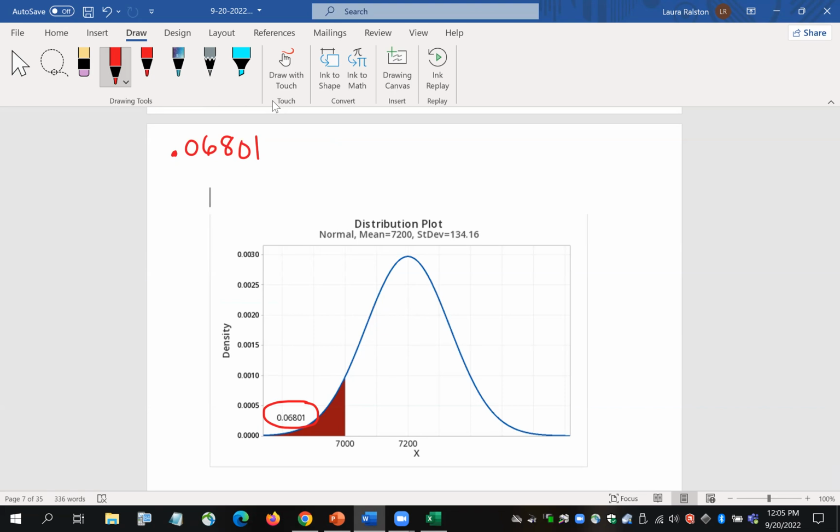So approximately 6.8% of the sum of the 80 values, or there's a probability that it would be less than 7,000. 6.8% chance that the sum of the 80 values is less than 7,000.